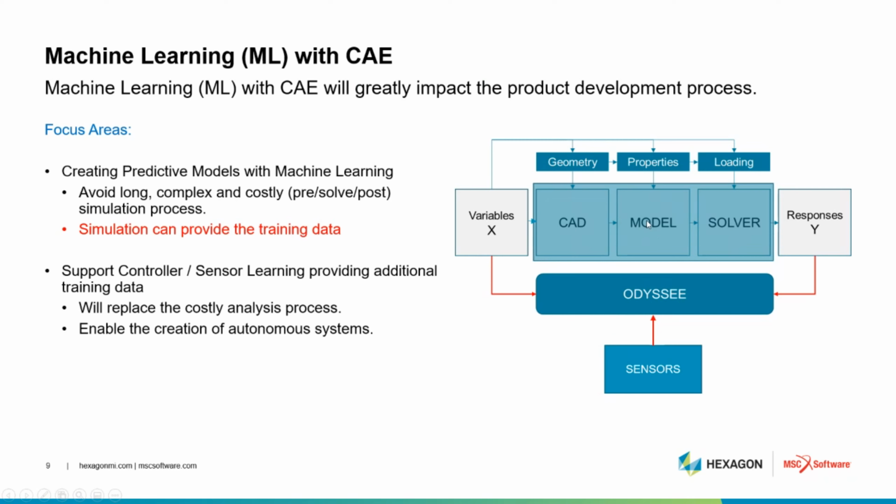After that we go to model setting: inflow, boundary conditions, and all the settings needed for the PDE equations we want to solve. After that we go to the solver, with a running time, and then post-processing, and all of these stages take time. With machine learning, we want to get rid of these stages. If we have some simulation files, we just care about the variable x at input and response y. This makes everything faster and helps us create an autonomous system for simulation.